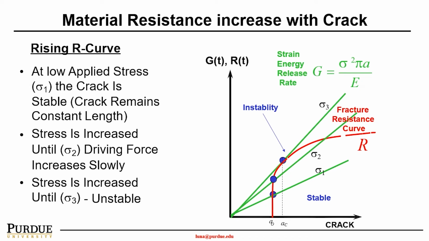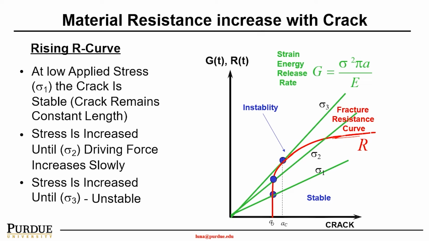So in general, we can think the material resistance will increase with the crack. In this case, for instance, I can draw the fracture resistance curve by looking at the strain energy release rate versus the crack length, and I can get this red curve.